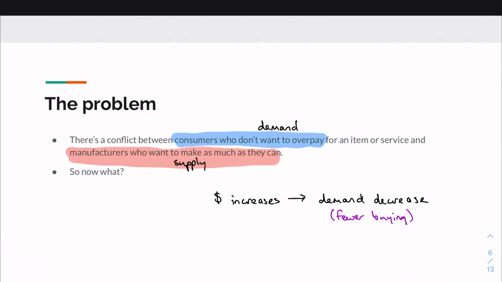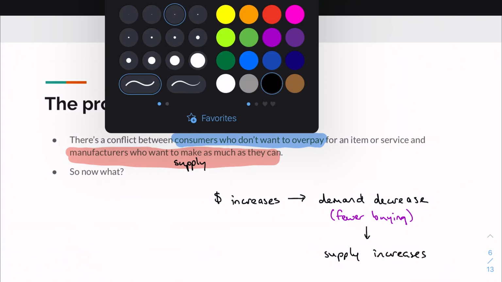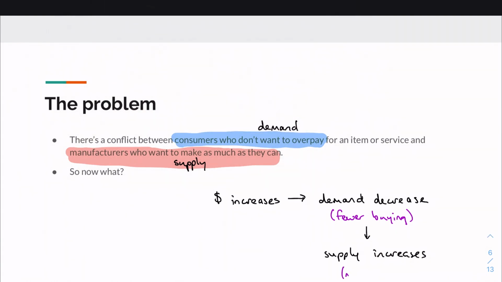And if fewer people buy the item off the shelf, then there's more supply left over to sell. So it would mean that the supply increases, more available on the shelf. So this is starting to become this check and balance on the two different types of supply and demand.